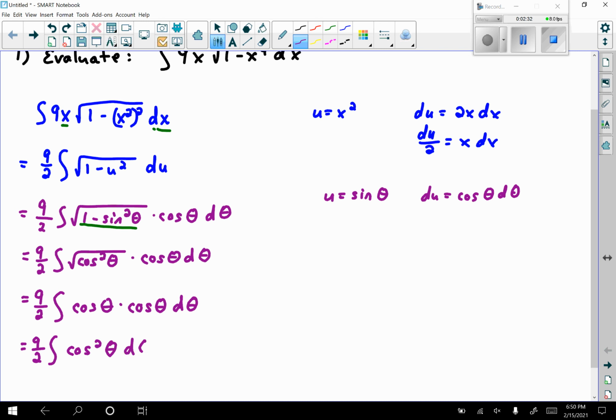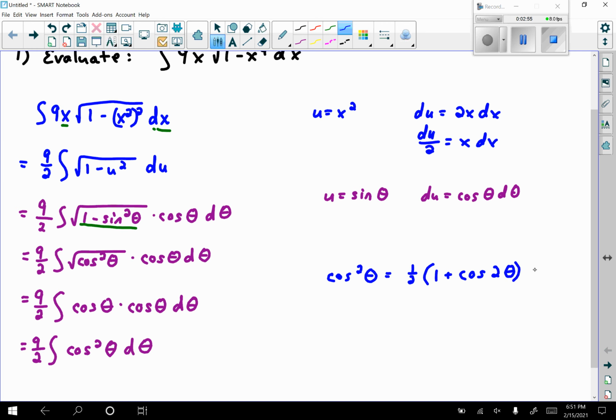Now I have a couple choices here. The easiest one to try to use is the Pythagorean identity, but if I go back to 1 minus sine squared theta, that's not going to help us out too much. There's another identity, the half angle formulas, where cosine squared theta is going to equal 1/2 times the quantity 1 plus cosine 2 theta.